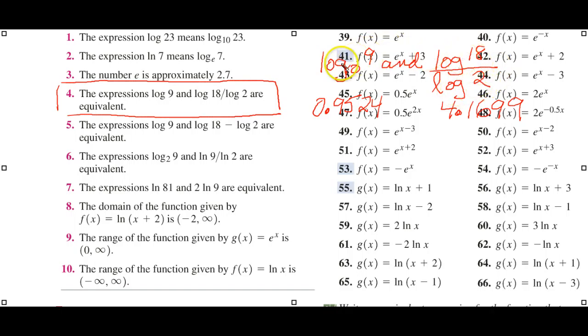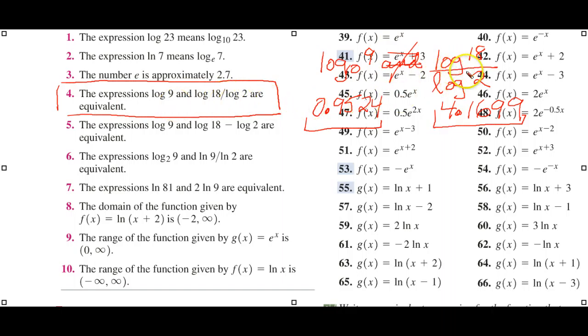Well, to prove this, if you put the log of 9 into a calculator, you get this. If you put this into a calculator, you get this. Are they equivalent? And the answer is no. So this is not equivalent, so therefore this statement is false.